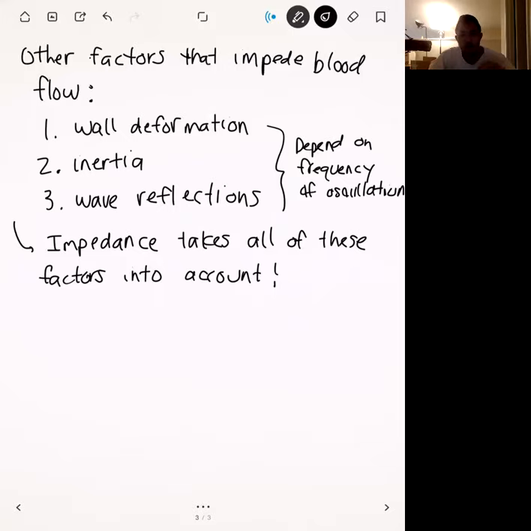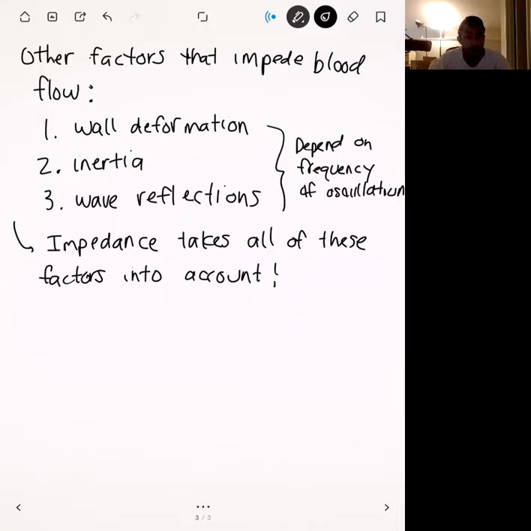And so if you're familiar with circuits, if I can take a quick aside here, you might be familiar with the concept of impedance as well. When you compute impedance from a circuit, you not only compute the resistances, but you also take the inductors and capacitors into account.